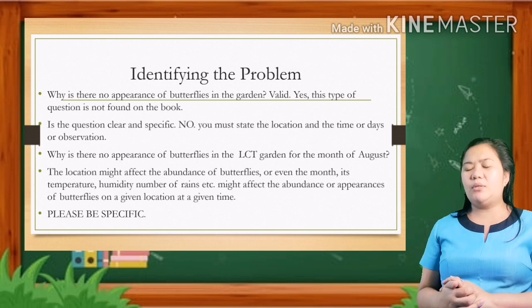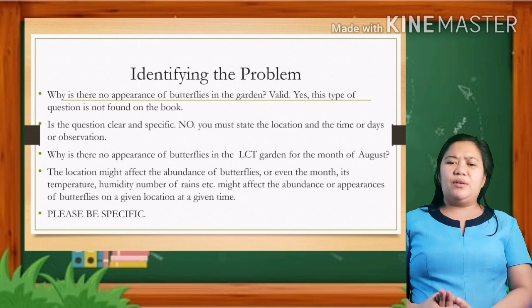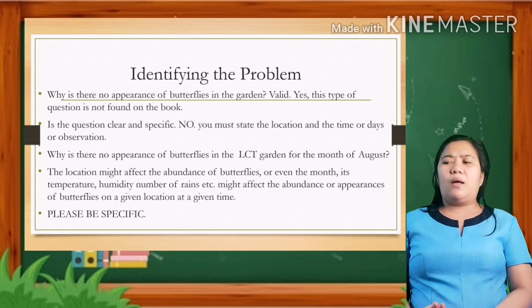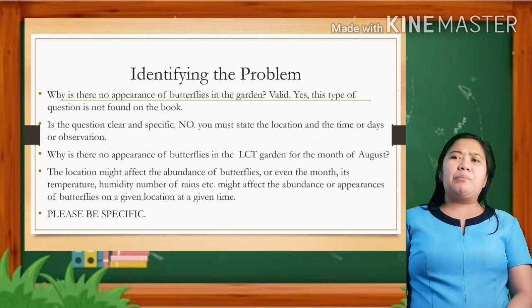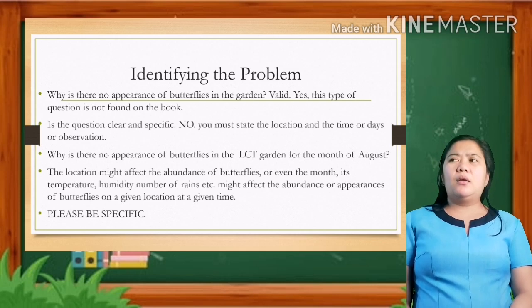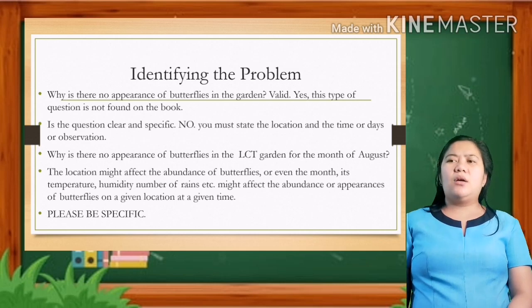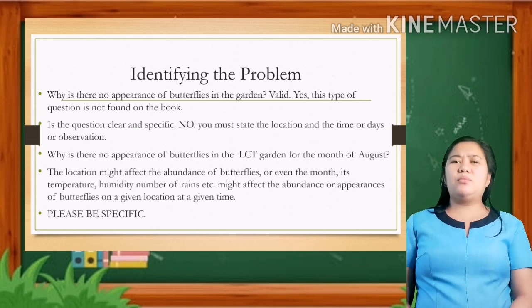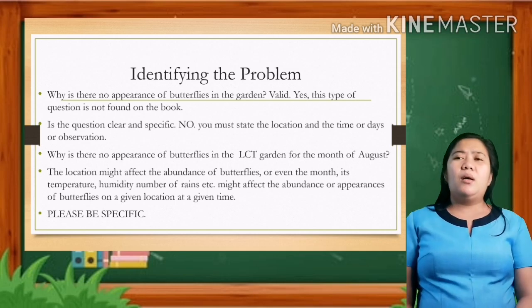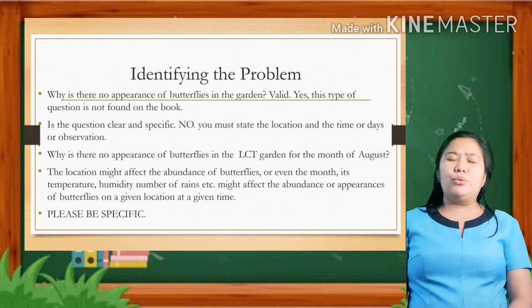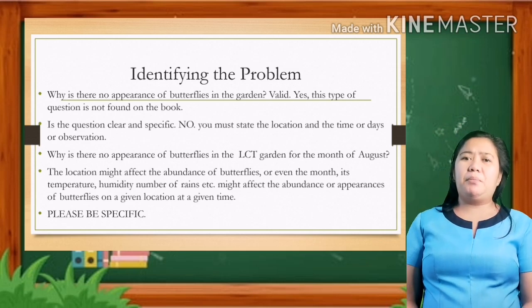On the months of, for example, June, July, and August, it would be very hard to observe butterflies because they are hiding on trees or on leaves. So you need to be very specific on the time, date, and the location of the particular subject involved in your problem.